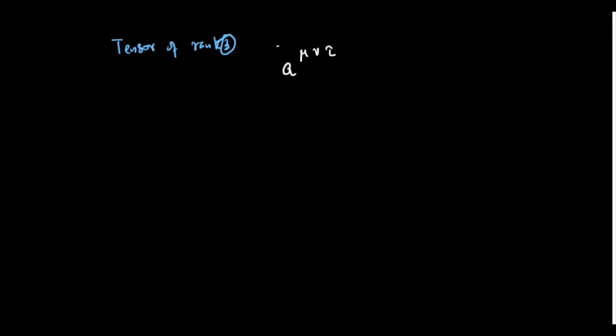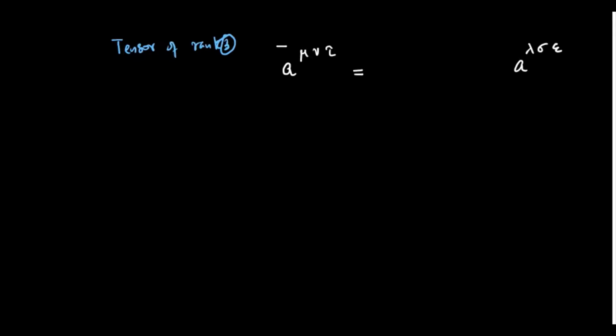So this A bar mu, nu, tau should be transformed to some A lambda sigma epsilon, maybe. How many quantities are here? You have 3 indices, which means a large number of combinations. 0 0 0, 0 0 1, 0 0 3 combinations will be there.